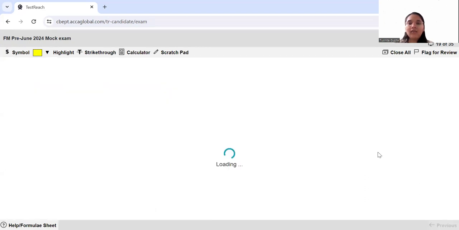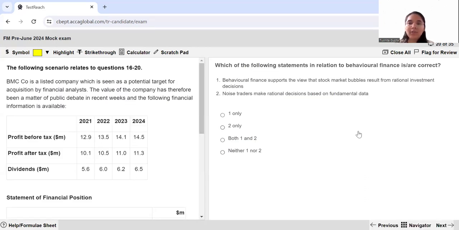We move to the last question, question number 20 for this case study. Which of the following statements in relation to behavioral finance is or are correct? Behavioral finance supports the view that stock market bubbles result from rational investment decisions. This is absolutely incorrect. Stock market bubbles result from irrational investment decisions.